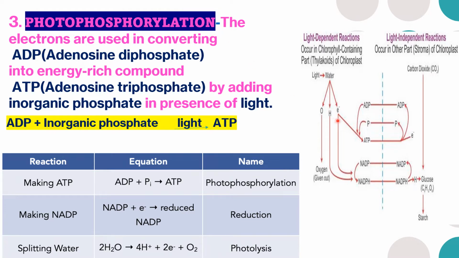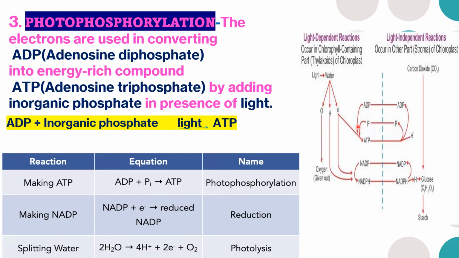Here you can see these electrons are coming from the process of photolysis of water. These electrons are picked up by ADP by adding inorganic phosphate. Here you can see in presence of light it will convert into ATP.